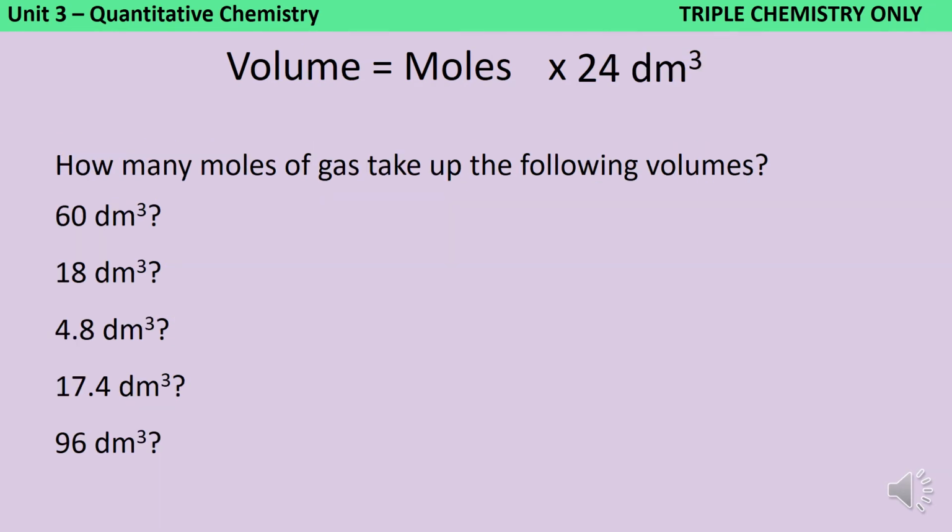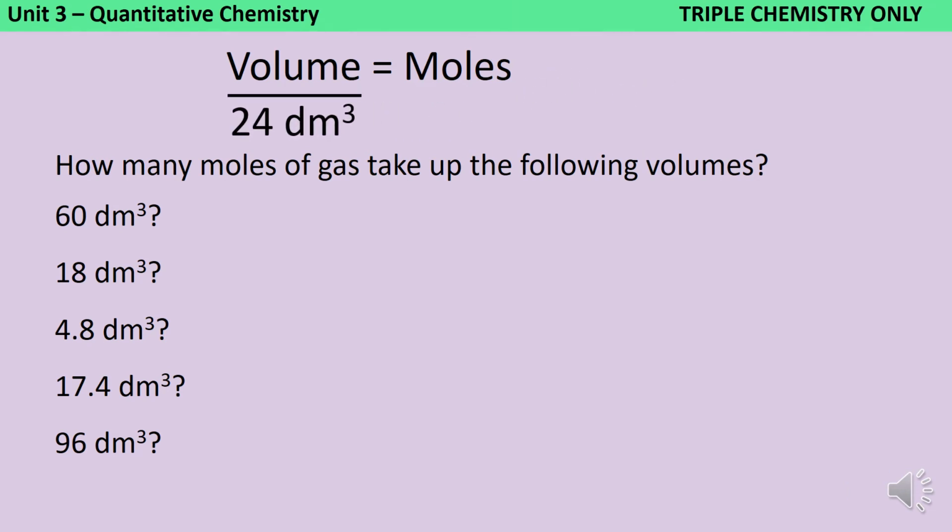Next, you need to be able to work in the opposite direction in order to work out how many moles of gas you have if you know the volume. So at the moment in my equation, moles is multiplied by 24 decimetres cubed, and I need to get moles on its own, so I need to get rid of that 24 decimetres cubed. Right now it's multiplying, so to get rid of it I do the inverse operation, I divide, and whatever I do to my right side of the equation I do to the left.